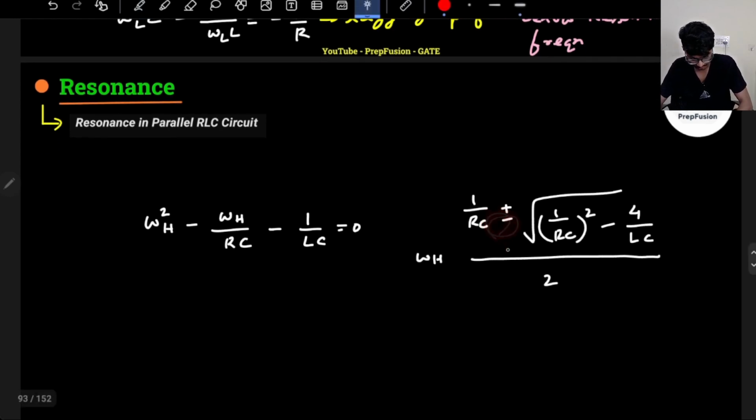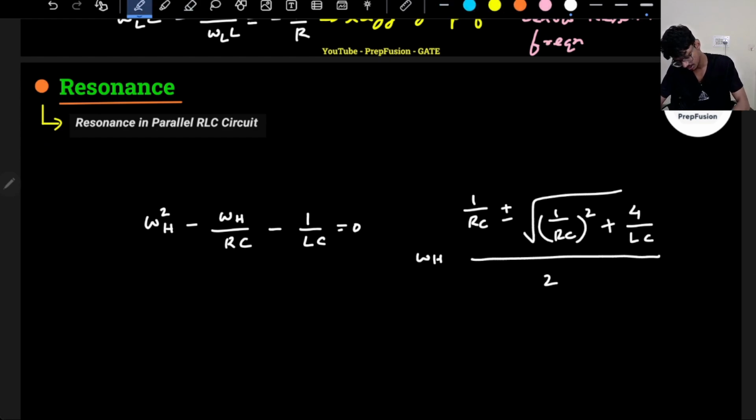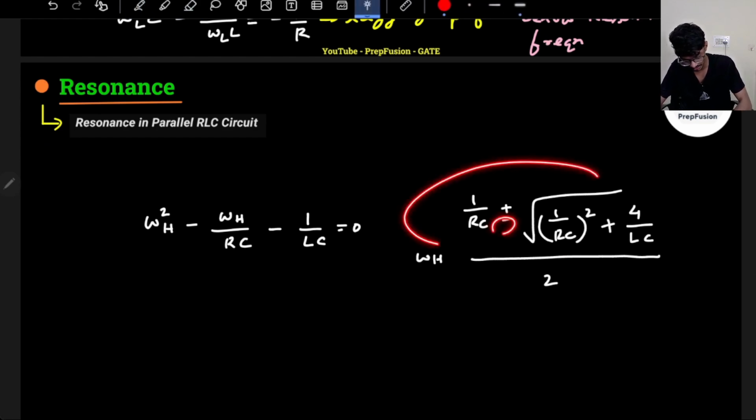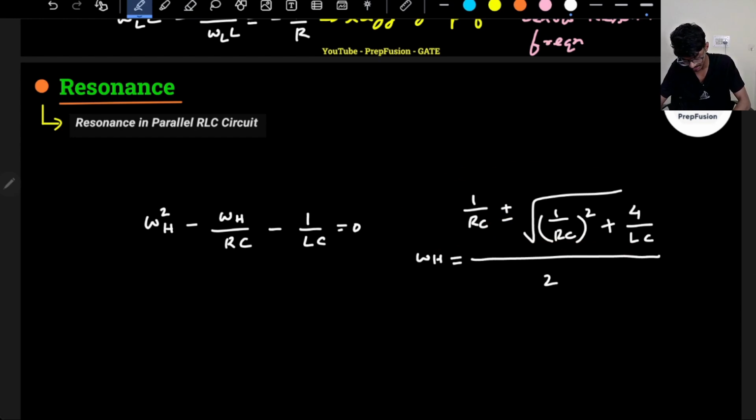If I take the negative sign, minus 4ac, this will be plus only, minus minus will become plus. So if I take the negative sign, of course this will be negative, and omega h cannot be negative, omega h has to be positive.